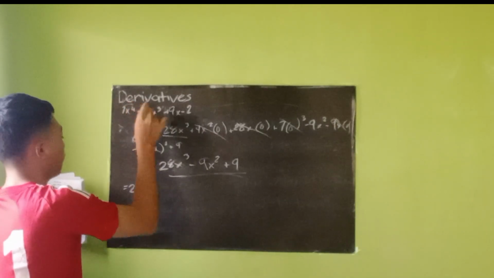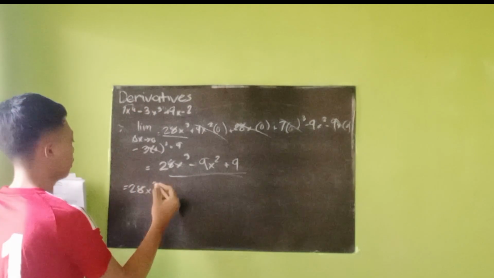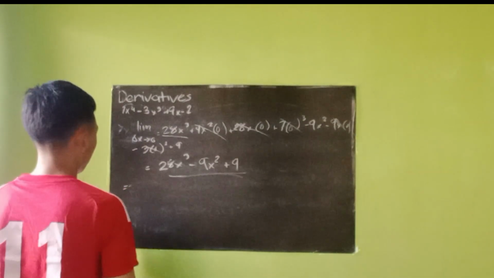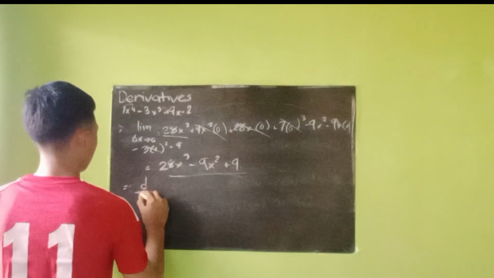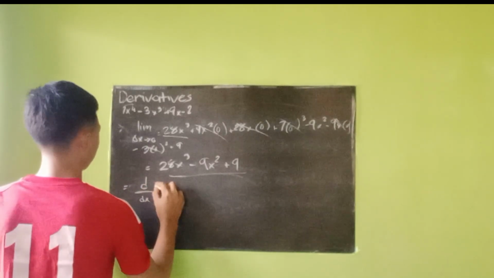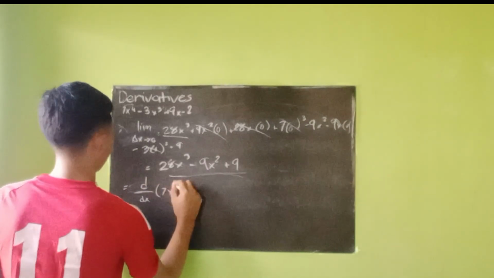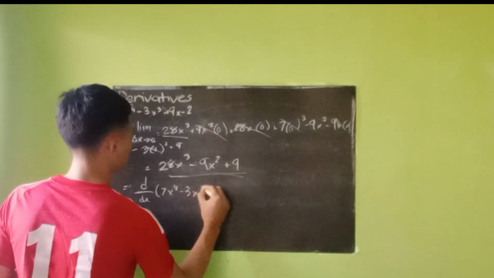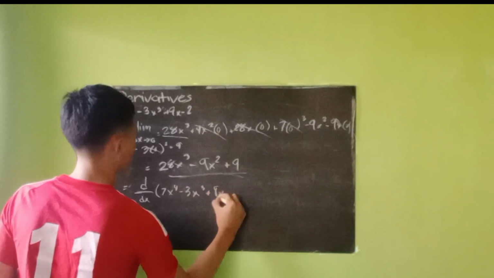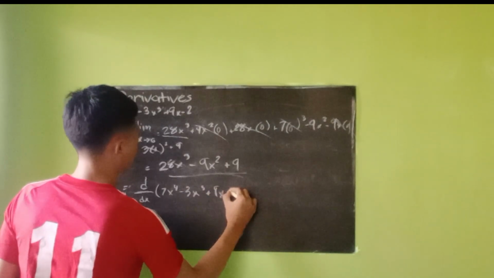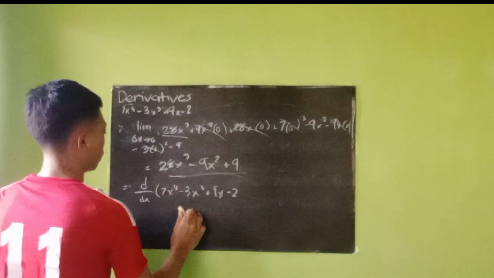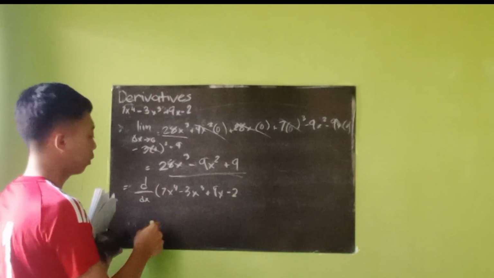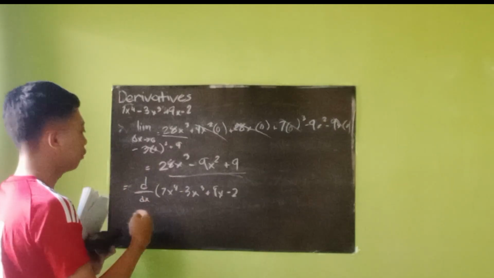Then 4 minus 1 is 3. Alright, so the derivative of 7x raised to the power of 4 minus 3x cubed plus 9x minus 2 with respect to x.